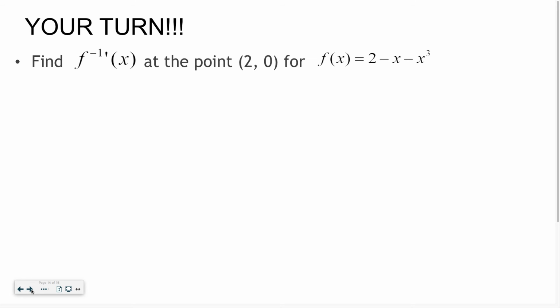This means on your inverse, your y value is 0, which is why you have f prime of 0.